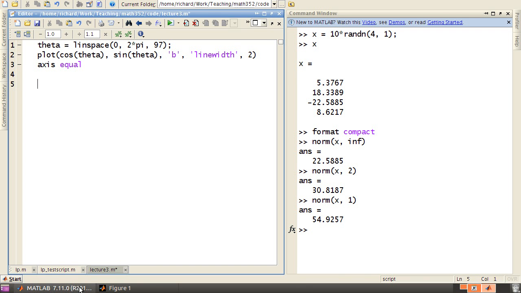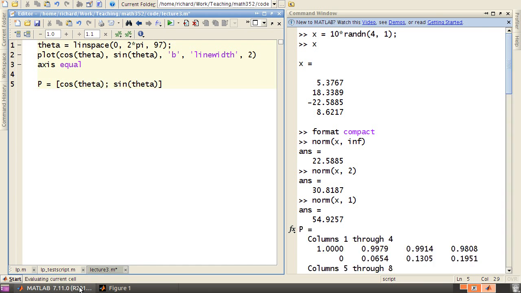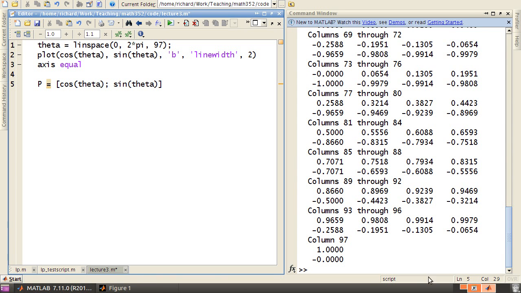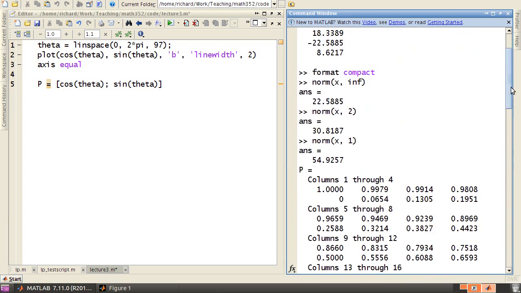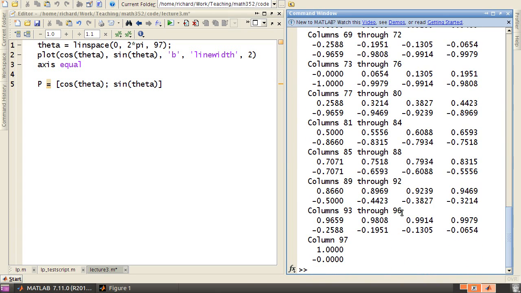So how can we figure this out? Well, what we're going to do is set up an array of those points. P is just an array of all of the points on that circle, and I'm going to scale each one by the infinity norm.